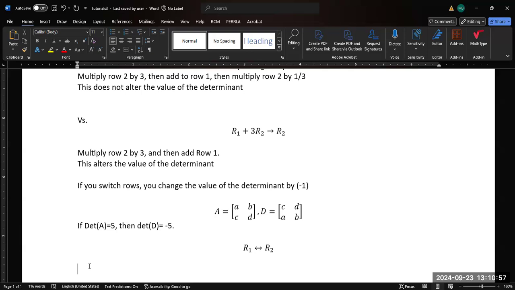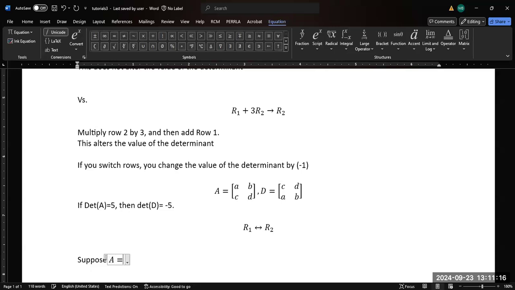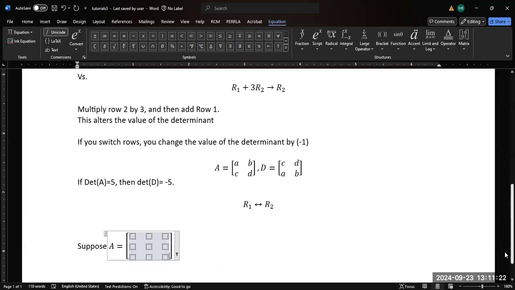Now, you will sometimes see questions about the values of the determinant simply from looking at the result of a matrix or just row operations. So you could have an example like, suppose A is equal to, and we'll do a bigger one just for the example.